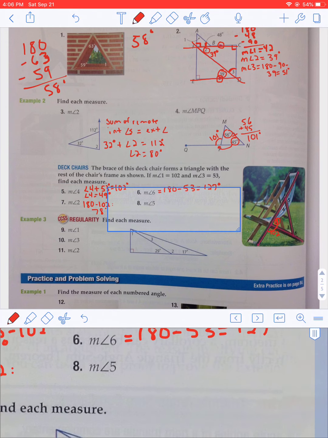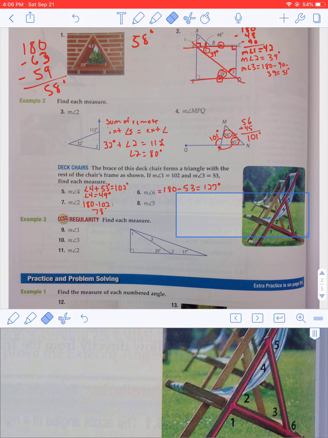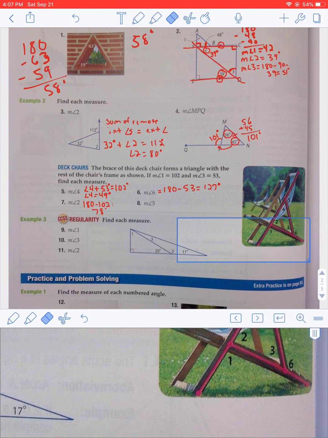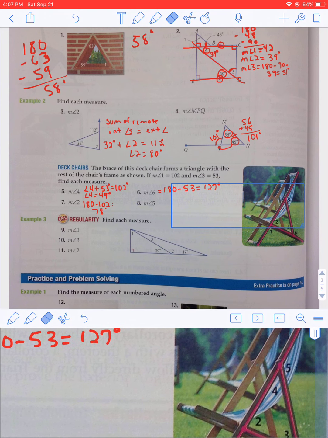All right, and then the last one of this section is 8. So I'm going to again erase what we don't need. I'm sorry, it's number 8. I'm looking for angle 5. Okay, so angle 5 is up here. Trying to find that, and if you remember, probably the easiest thing is we found in number 5 that this was 102, right?